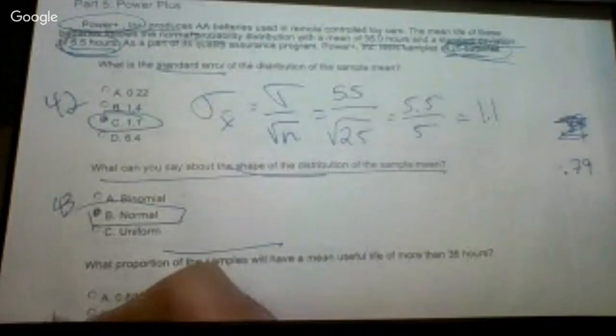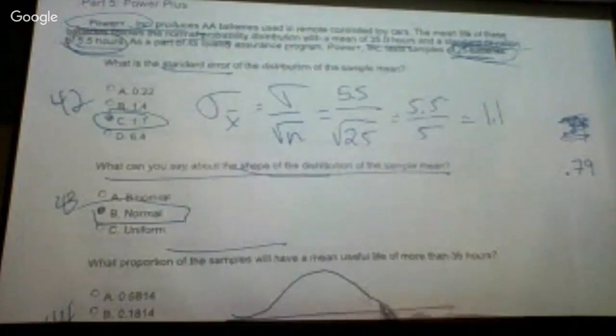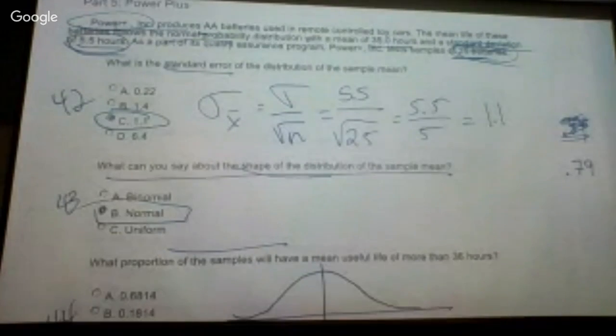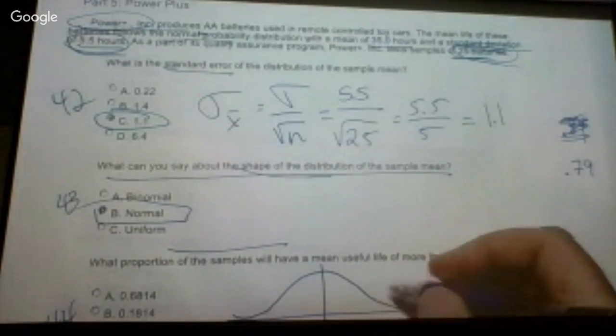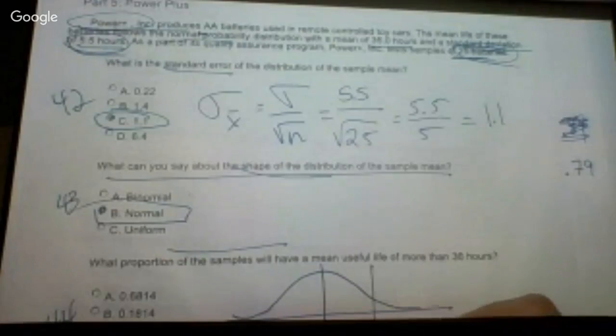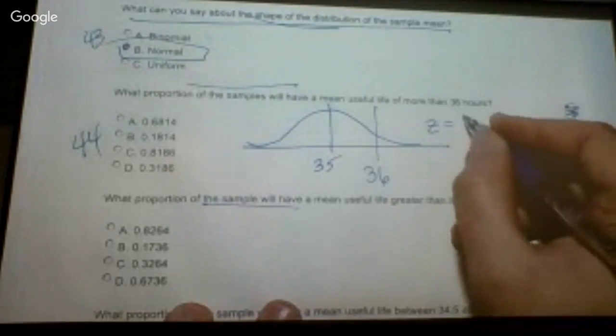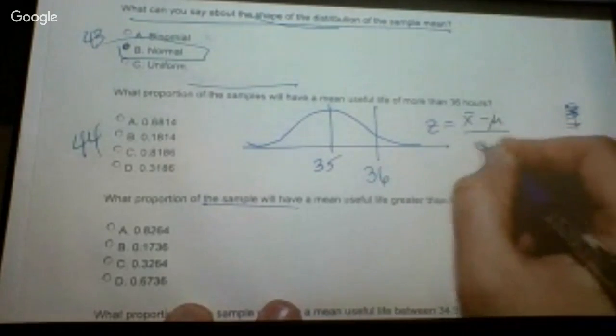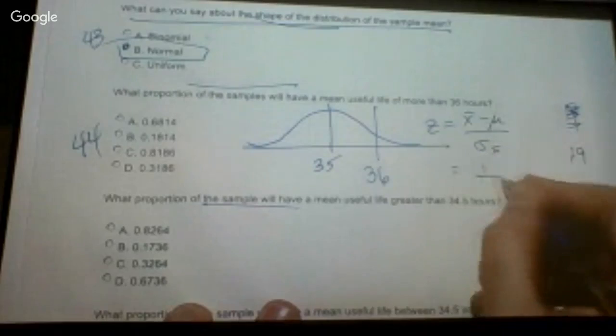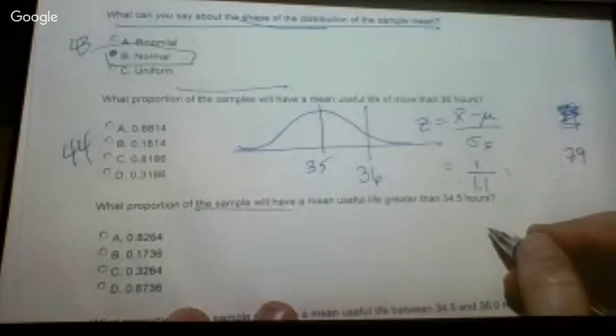44. What proportion of samples will have a mean life of more than 36 hours? Z-score, sampling error over standard error, 1 over 1.1, right?